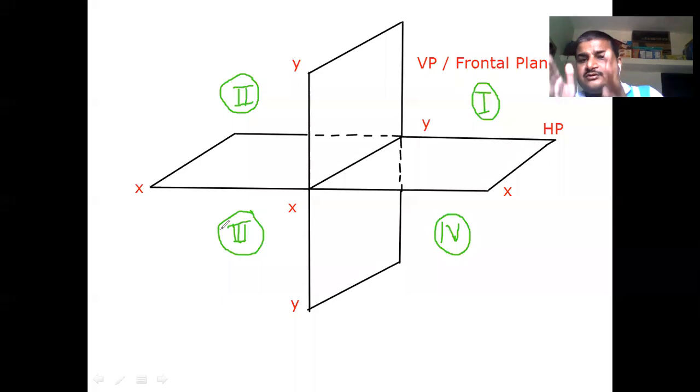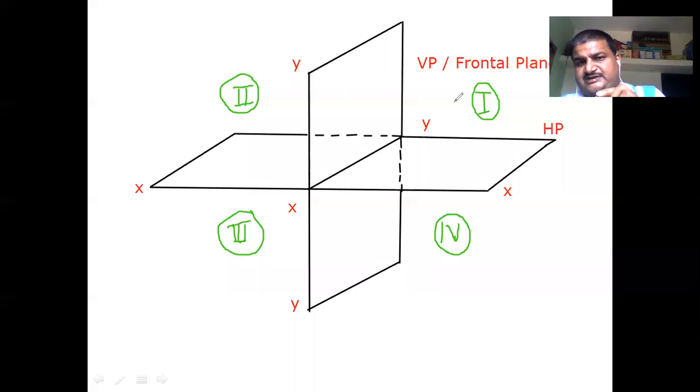When you are assuming that your object is in quadrant number 1, then the projection method is known as first angle projection method. We have to look at projection methods.